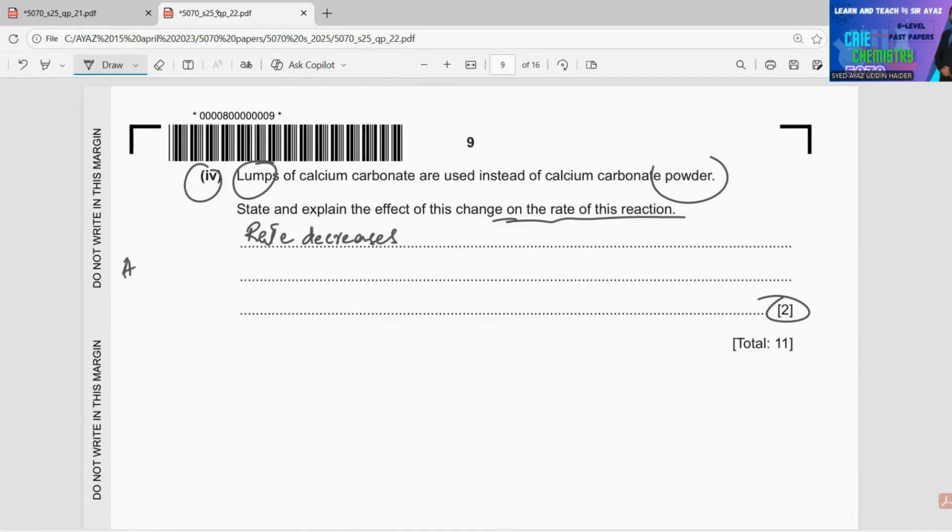Then any two from these. Any two statements, like in terms of particles exposed, in case of lump or large size, you have fewer particles exposed.